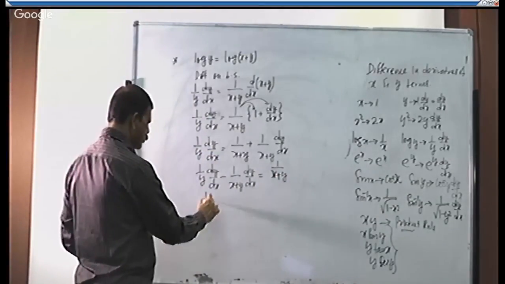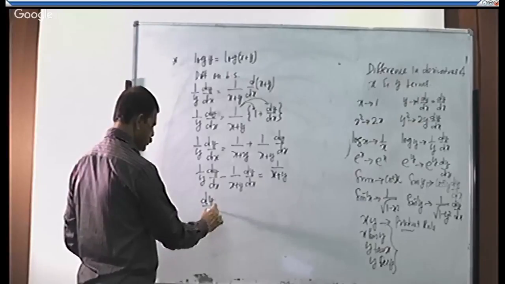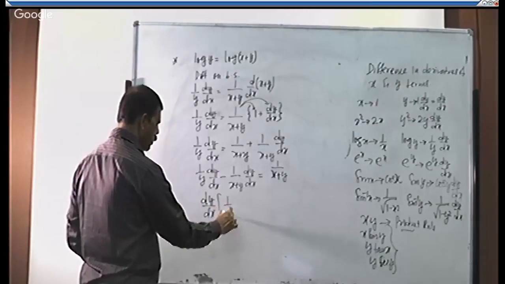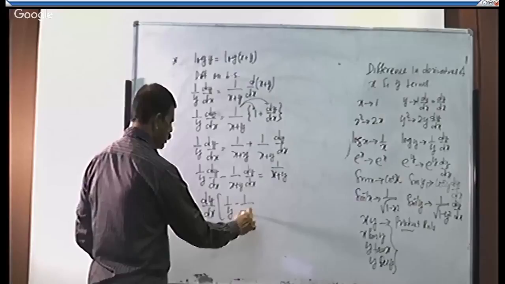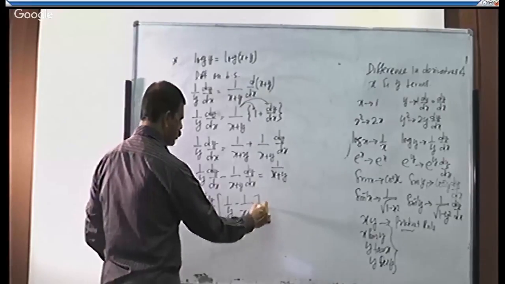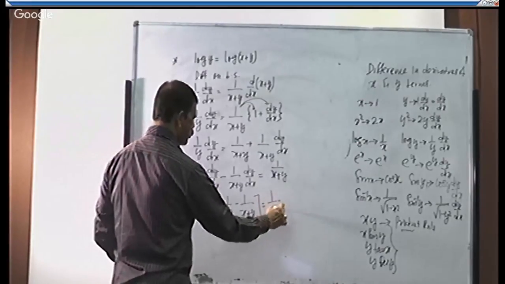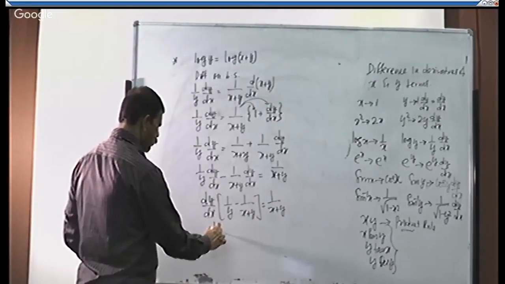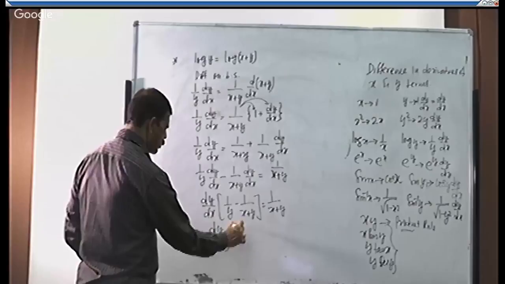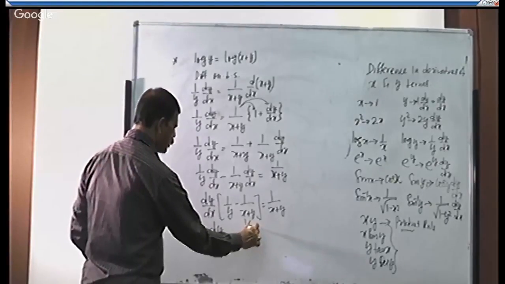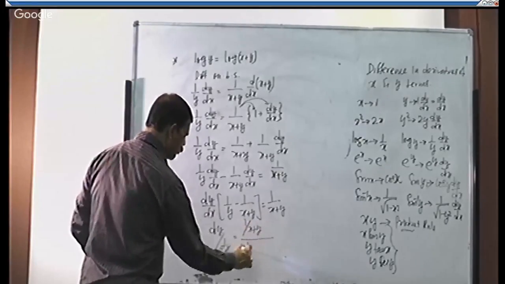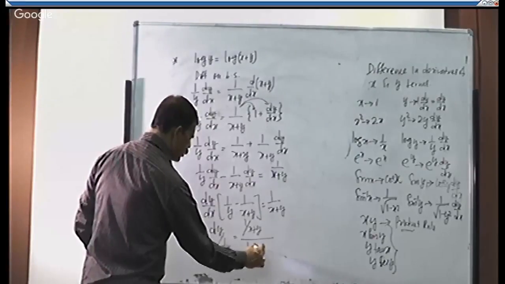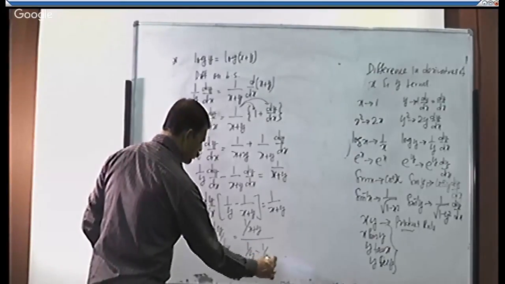Take dy by dx common, that is 1 by y minus 1 by x plus y is equal to 1 by x plus y. Or if I reduce it to dy by dx, it becomes 1 by x plus y all divided by 1 by y minus 1 by x plus y.